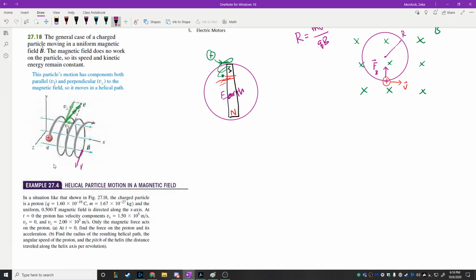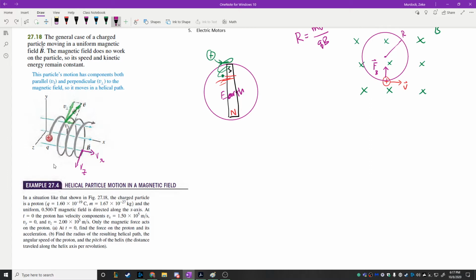That's like the vz component, right? And then you've got a vx component that goes that way. But the y component is 0. The component that would be parallel to this axis right here is 0. So it's down there. That's time equal to 0.